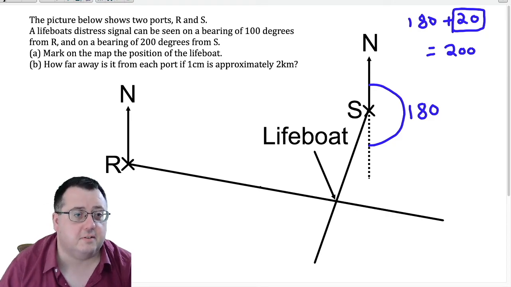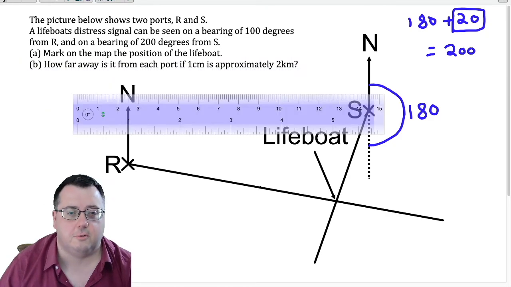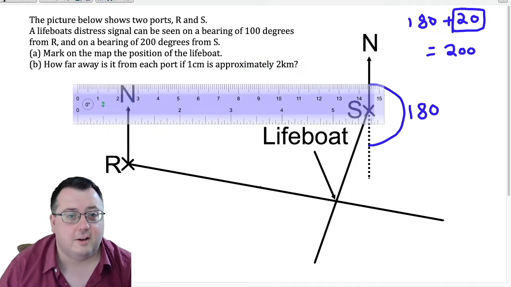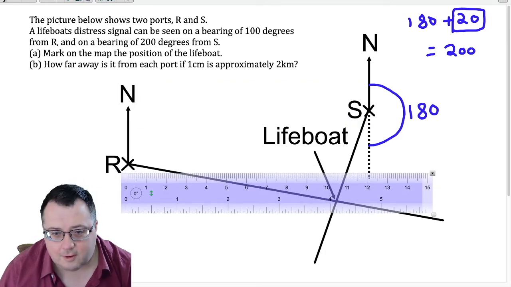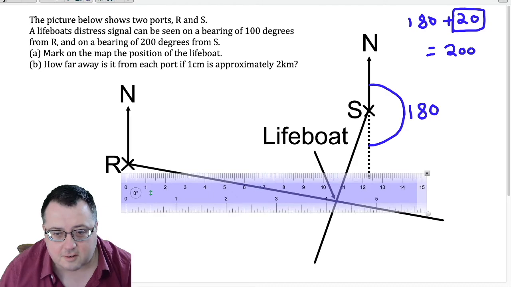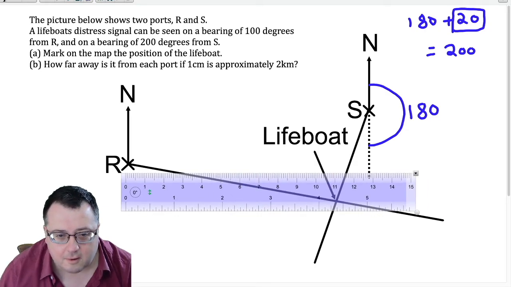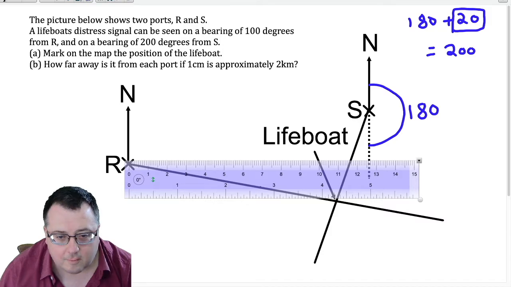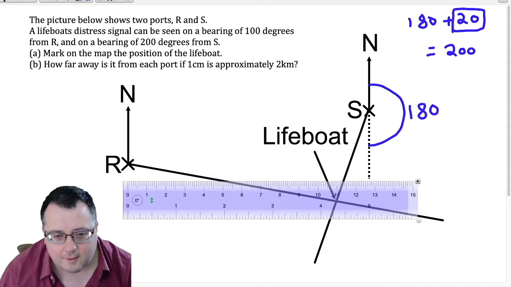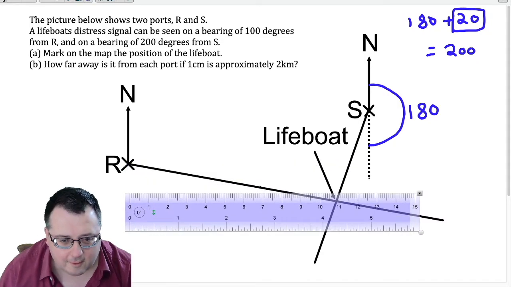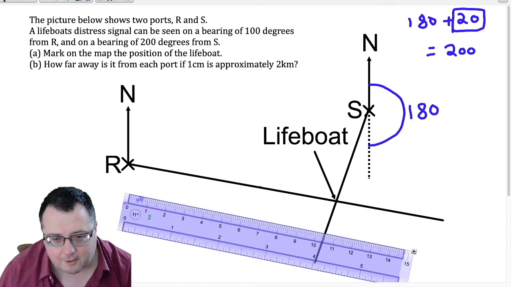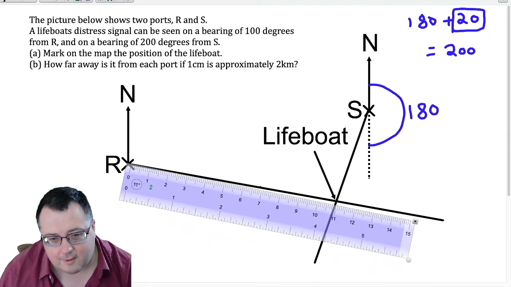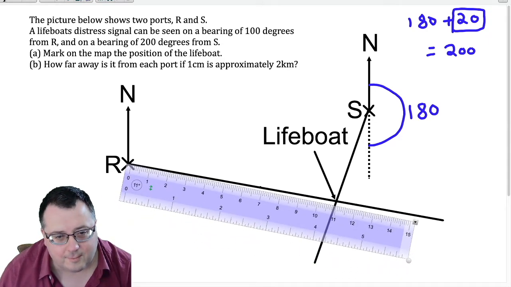So we need another piece of information, another tool, which is a ruler. Okay, now I am going to rotate this ruler, if I can figure out how. That's enlarging it. How interesting. There we go. We're making progress there. Not quite right.